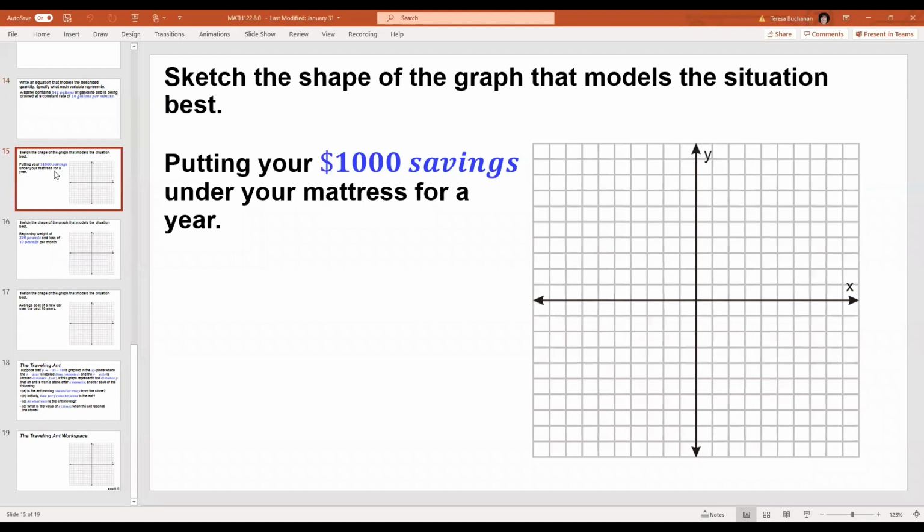So here's a playful idea for how to talk about the shape of a graph that models the situation the best. If you have $1,000 savings and maybe you looked at the market, which is getting like what, 1%, 2% interest, almost nothing.